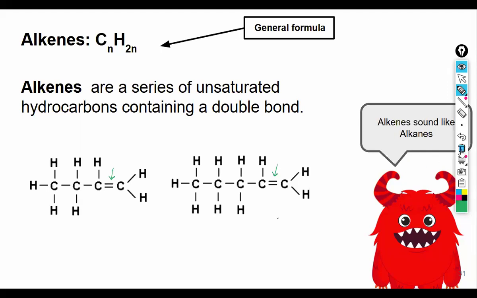And for all of them, you will realize that it follows the formula. I can prove it here. The first one has how much? 1, 2, 3, 4. If I have 4 carbons, then according to the formula, I'm supposed to have how much hydrogens? 2 by 4 is 8. Count it up. 1, 2, 3, 4, 5, 6, 7, 8.